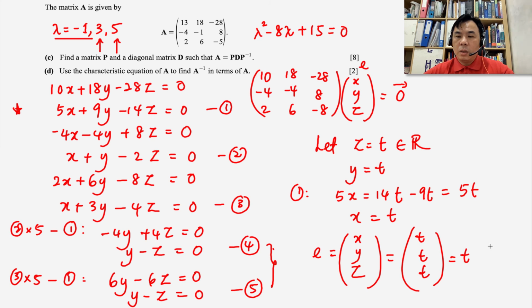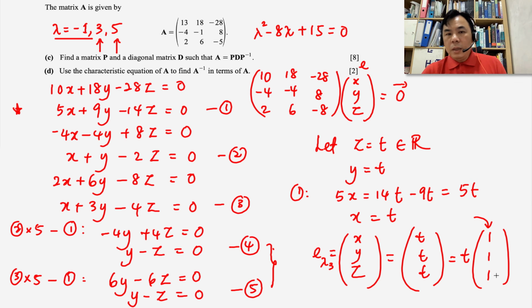Therefore, you can factorize everything out, and then usually we refer this one as the simplified, or it's the same as the eigenvector in this case. So we have already found the eigenvector that corresponding to lambda equal to 3. That is 1, 1, 1. Okay, so I hope that is clear at this point.